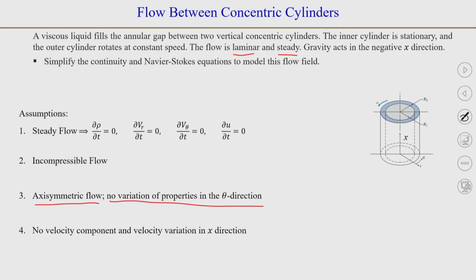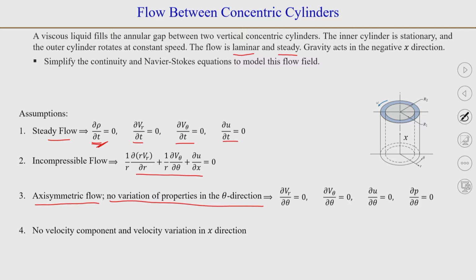Okay. So, if we write down these assumptions in terms of equations, the first assumption of steady flow will simply mean that del by del t for all the velocity components and rho is 0. Incompressible flow will mean that in the continuity equation del rho by del t will be 0, and rho is a constant, so your continuity equation will come in this form, which in vector form is del dot vector v.